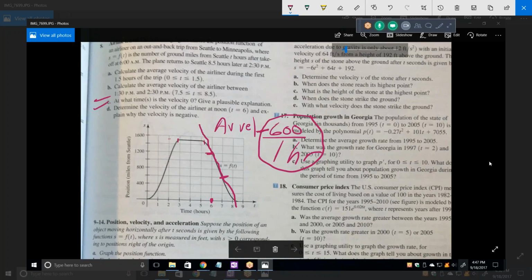But the negative sign indicates, why is the velocity negative? Because it's going back the other way. In other words, it's getting closer to Seattle. And like I said, it doesn't really matter if on a map, if I draw a map of the United States here, if Seattle to Minneapolis is a straight horizontal line or not. Even if Seattle to Minneapolis was like that on a map, you would still call that positive velocity and you would call that negative velocity.